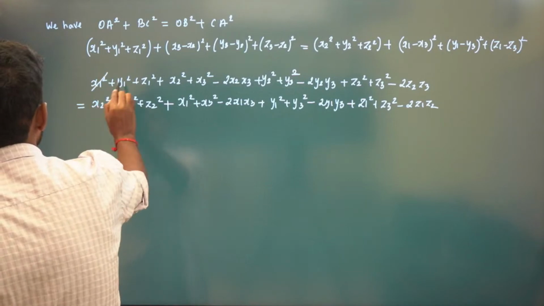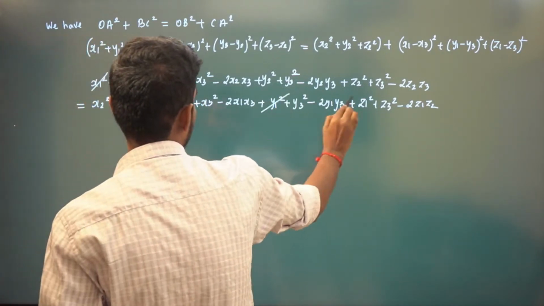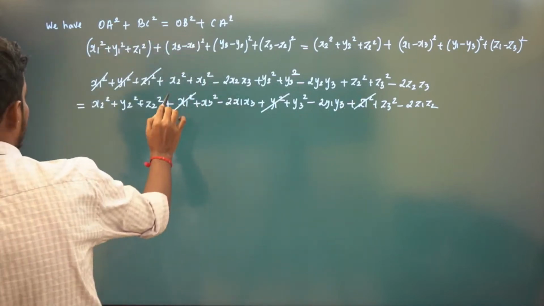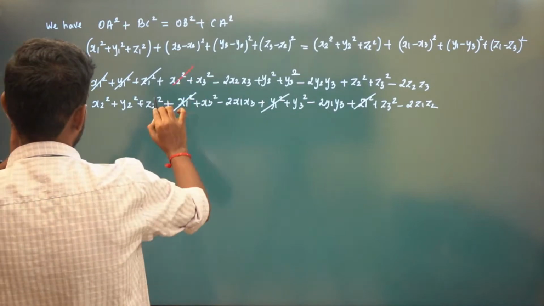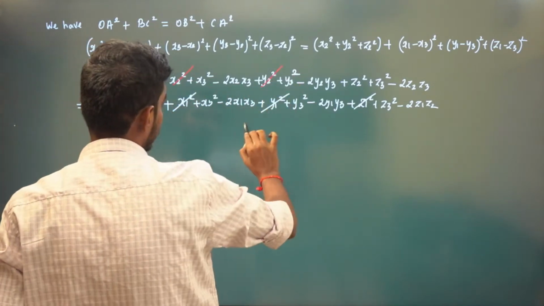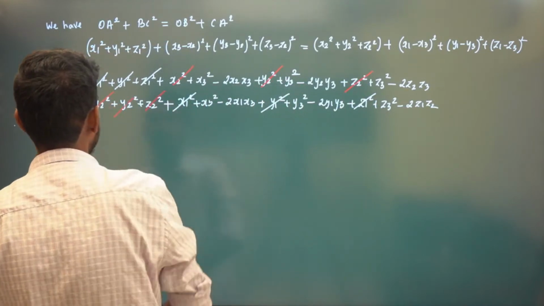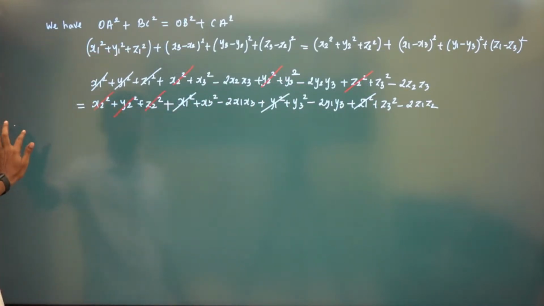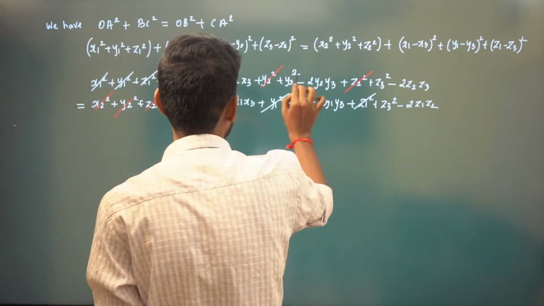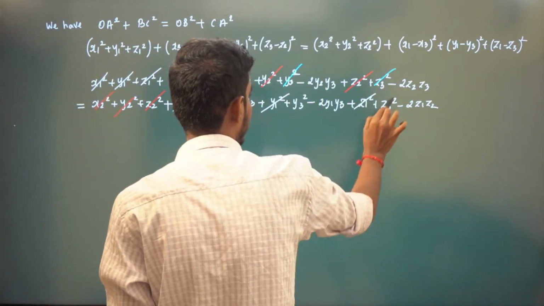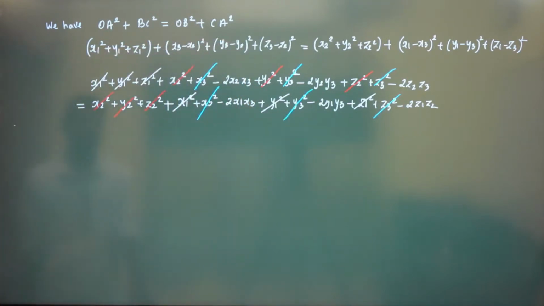See, x1 square, y1 square, z1 square, x2 square, y2 square, z2 square, x3 square, y3 square, z3 square, right?